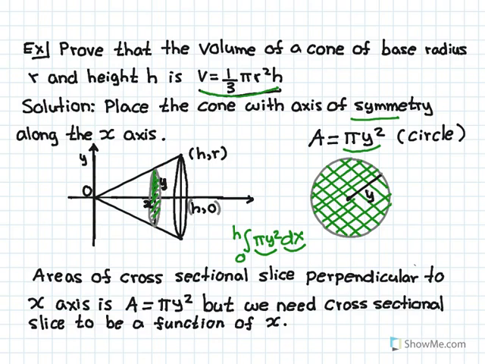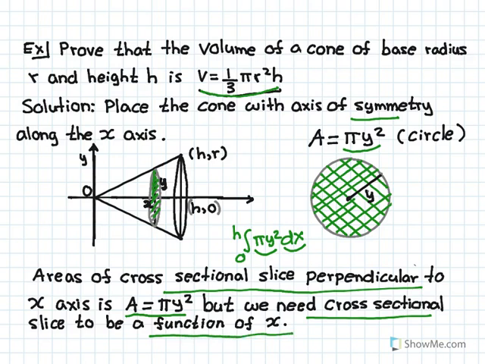The area of the cross-sectional slice perpendicular to the x-axis is pi y squared, but we need it to be a function of x only. And that's where the next step comes in. So our goal is that the volume is equal to the integral from 0 to h of A(x) dx.